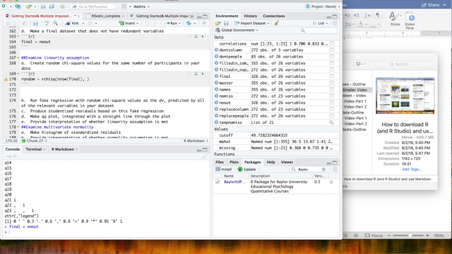And 7 is just a random number, which is the degrees of freedom. I'm trying to think of the range that would typically work. Anything above 2, I think, works. Again, because we are creating random chi-square values, we're using the same number of participants, that's nrow from the data set, but with degrees of freedom that is just random, so more than 2.